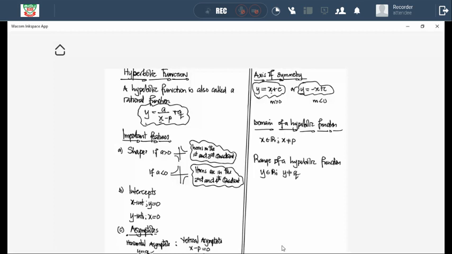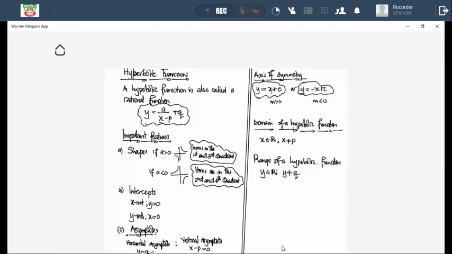Remember, y equal to q was your horizontal asymptote. So that which was the horizontal asymptote becomes the restriction on your range. That which was the vertical asymptote becomes the restriction on your domain. This is basically what the important features of a hyperbolic function look like.